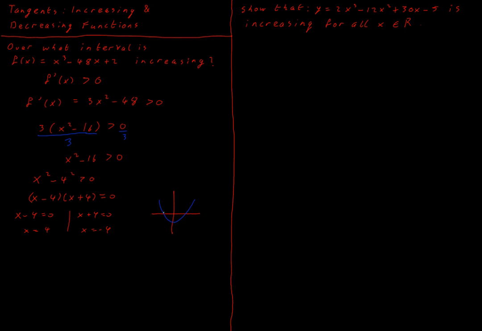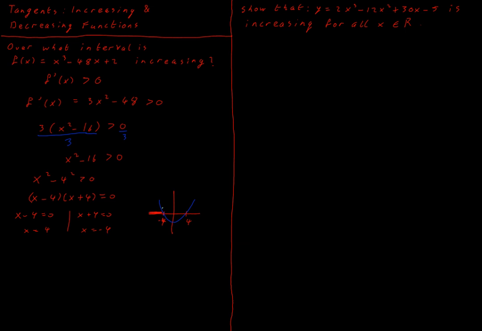So what do I know about this function? I know that we're crossing the x-axis at my roots, minus 4 and plus 4. So if I know that, then I'm looking for where this function is greater than 0. Well, that's going to be when my y outputs are greater than 0.